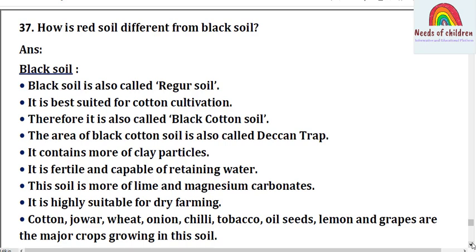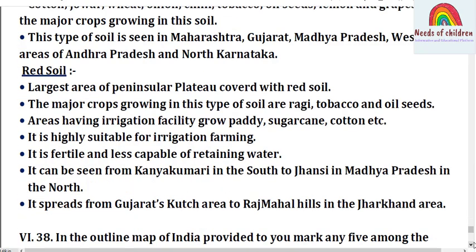It is highly suitable for dry farming. Cotton, jowar, wheat, onion, chili, tobacco, oil seeds, lemon and grapes are the major crops grown in this soil. This type of soil is seen in Maharashtra, Gujarat, Madhya Pradesh, western areas of Andhra Pradesh and North Karnataka.